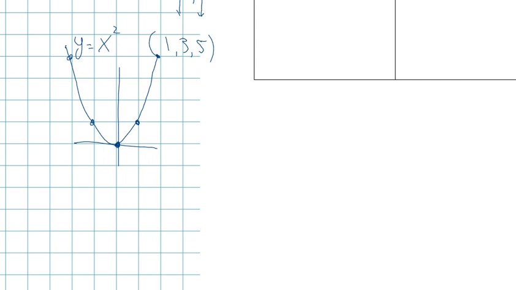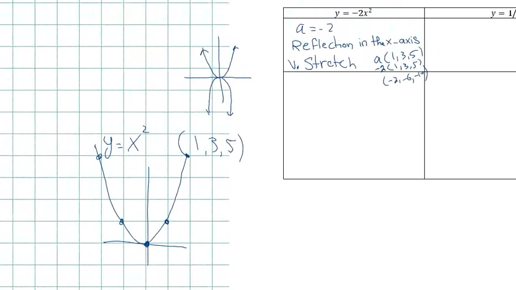Now, in the case that my function has an a value, in this case my a value is negative 2, you have to multiply the step pattern by a. What is your a here? 1.